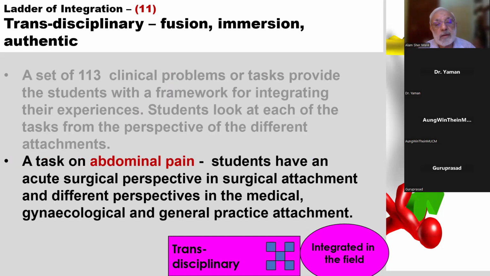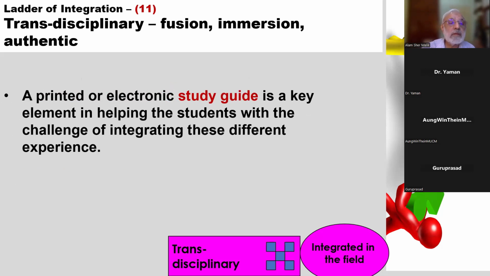A task, for example, abdominal pain, students have a surgical perspective in the surgical attachment and a different perspective in the medical, gynecological, and general practice attachments. So the task is abdominal pain, and the student would learn about different areas under it in different disciplines. A printed or electronic study guide is a key element in helping students with the challenge of integrating these different experiences.